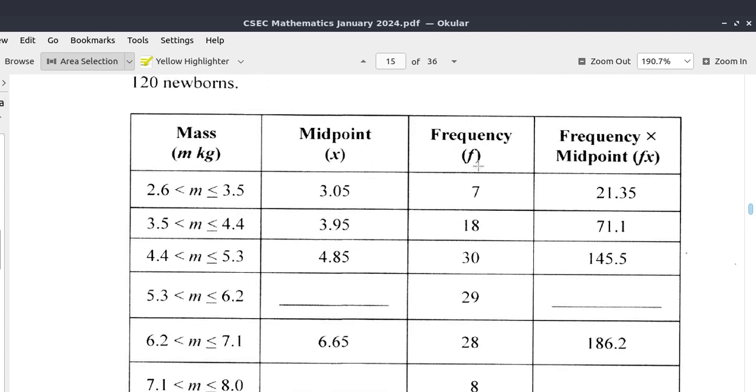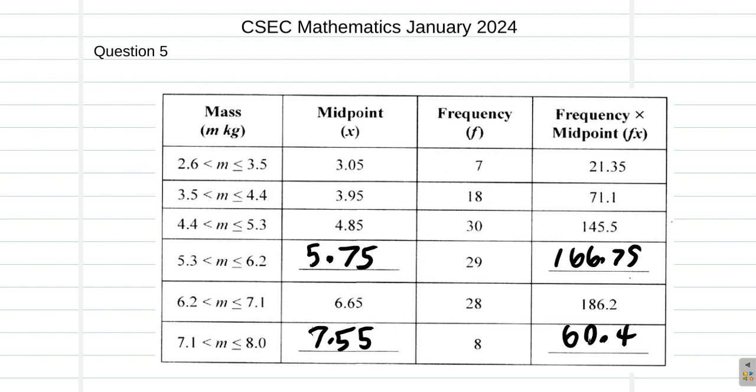there are certain things that some students might make a mistake and do, but you're not supposed to. Let's look at it over here. You're not supposed to say 3.05 plus 3.95 plus 4.85 plus 5.75 plus 6.65 plus 7.55 divided by how much? 1, 2, 3, 4, 5, 6.